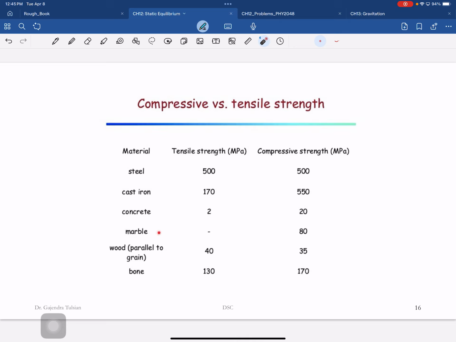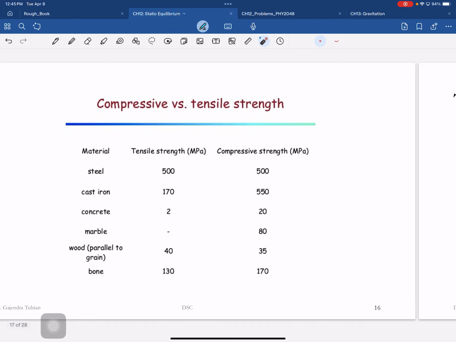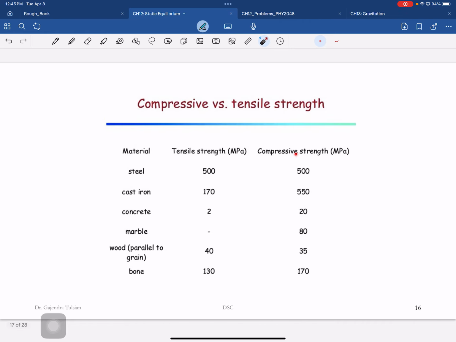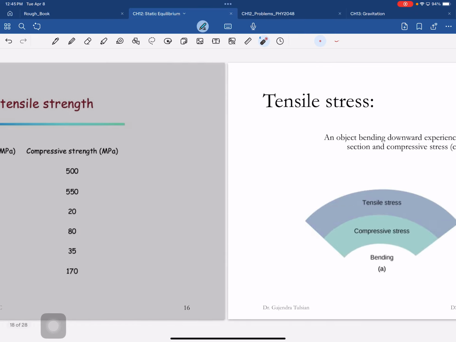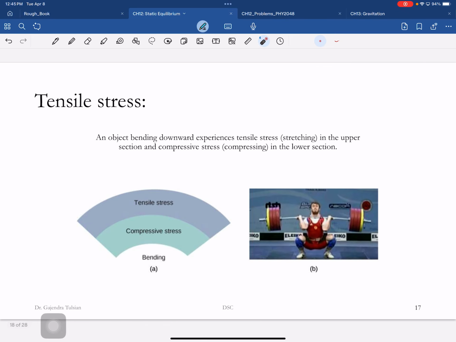Marble is different; different marbles have different properties, depending on the crystal structure, so you can't uniformly measure that. Wood is one of the few objects where it's stronger under tensile stress.